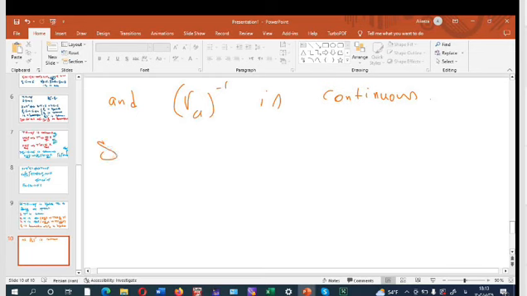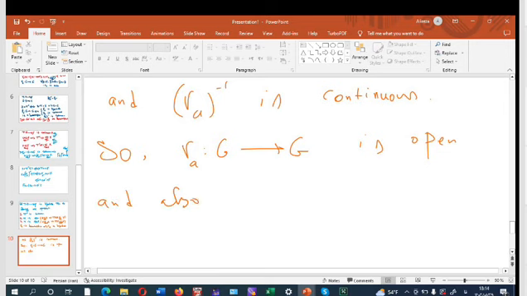So R_a from G to G is open, and also is closed.